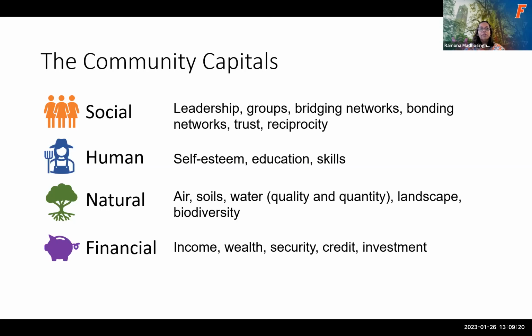Human capital, these are the things that you contribute in terms of self-esteem, your education, investment in learning new technology. We just went through the pandemic. The skills that you're learning, PowerPoint, maybe new technology skills. So all of those are the contributions that you as an individual have within the Master Gardener program and have developed as a result of being in the Master Gardener program.